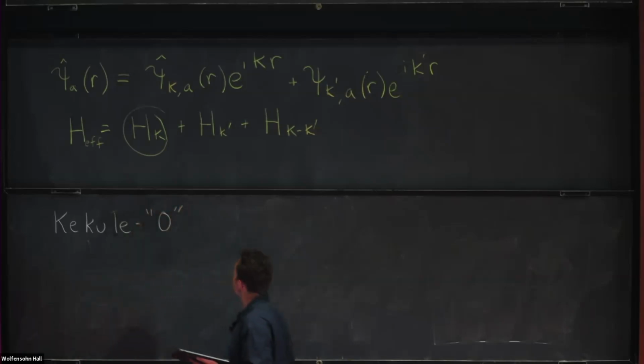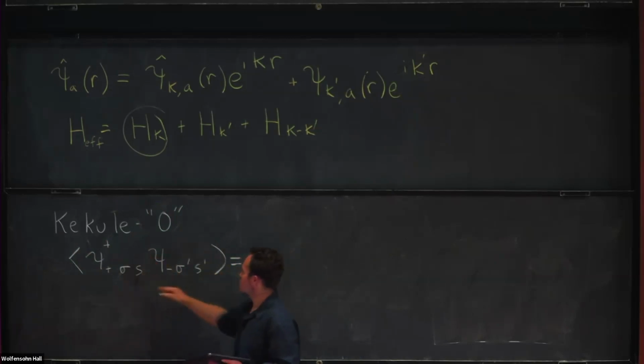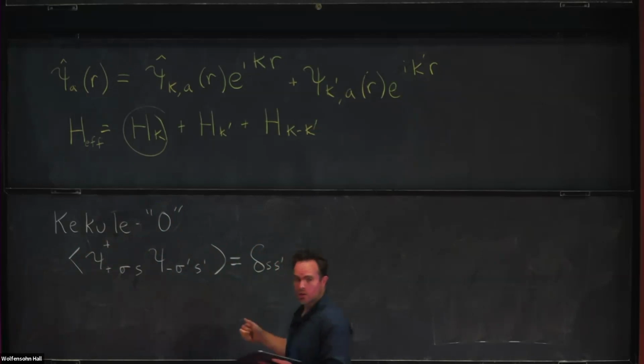So why is this an important sort of distortion? In the Kekulé-O pattern, it's a type of charge density wave. And the structure that we get from it being a charge density wave rather than a spin density wave occurs if this coherence is diagonal in the spin space. So you only get coherence between the up electrons, and down and down.